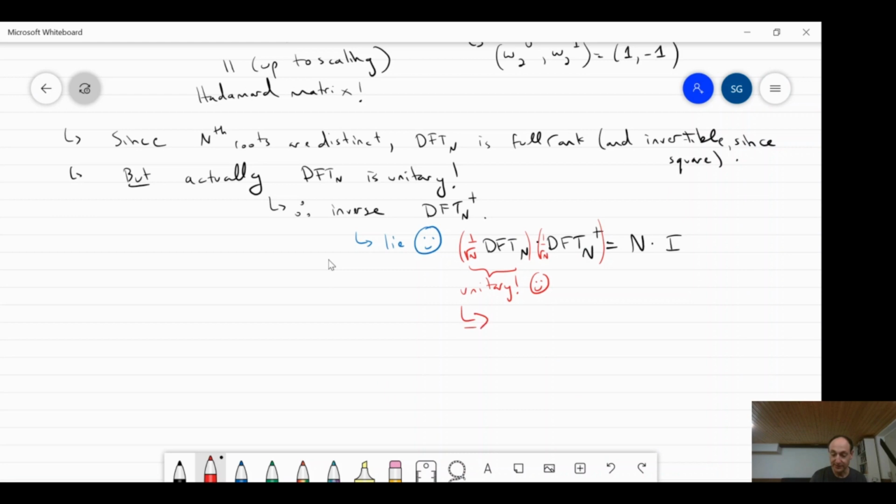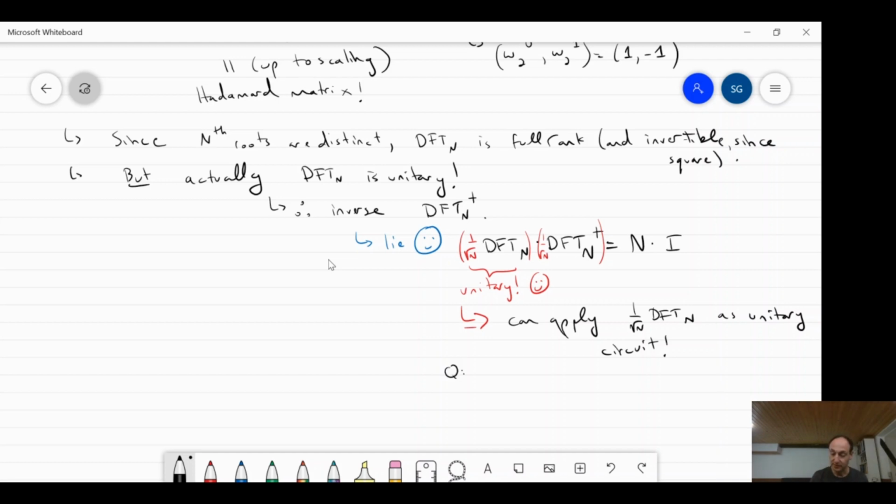So this implies that we can apply this normalized 1 over root n thing as a unitary circuit on a quantum computer. The only question, of course, is, how many gates do I need to do this?